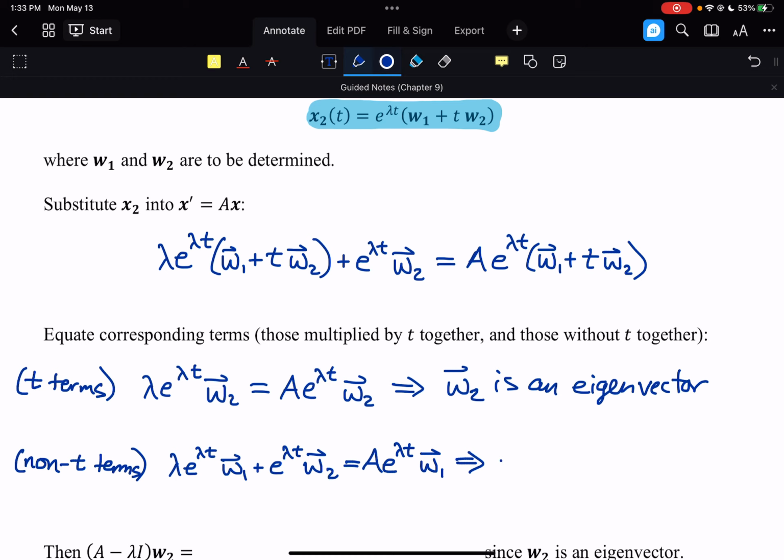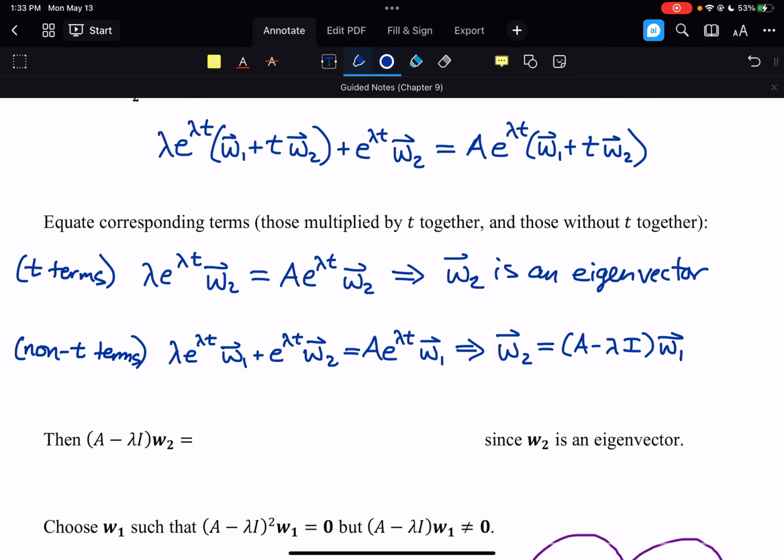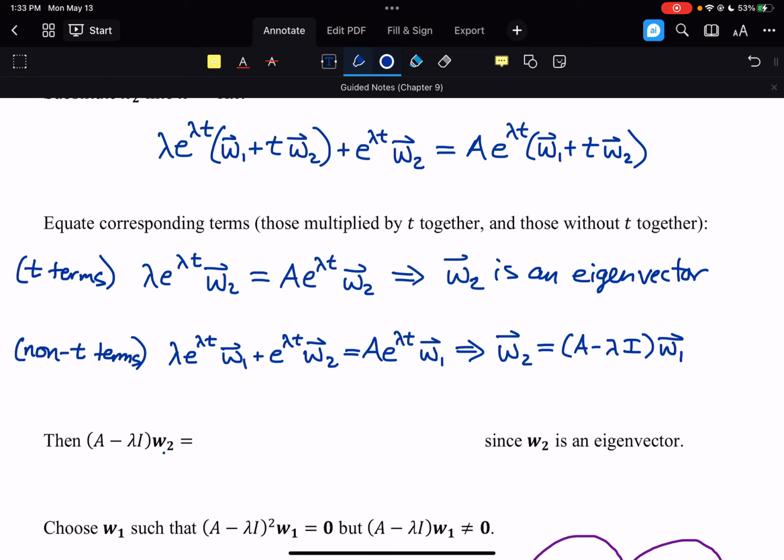Subtract this over, and we would be left with w2 equals A minus lambda I times w1, if we factor out the w1. So we know w2 is an eigenvector, and w2 is equal to A minus lambda I times w1. Since w2 is an eigenvector, A minus lambda I times w2, so that would be A minus lambda I squared times w1.